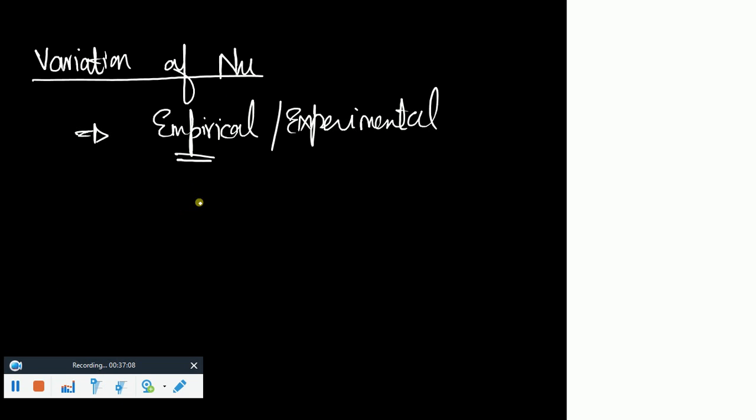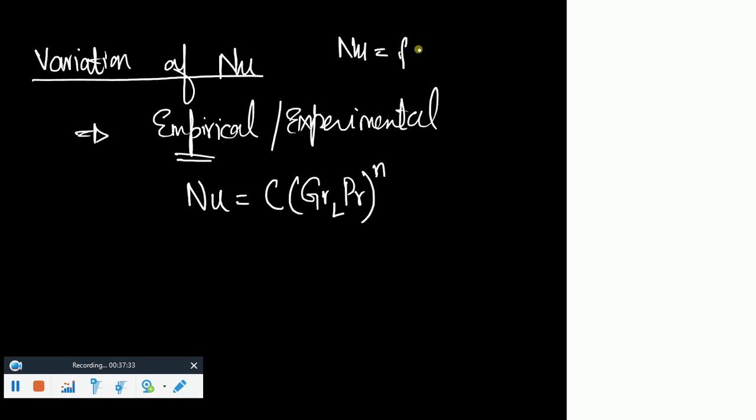Okay, so let me tell you that those empirical relations are generally of the form C Grashof number L to the power m times Prandtl number to the power n, because we are talking about the total average quantity, not a local Grashof number. So Nusselt number is a function of what?